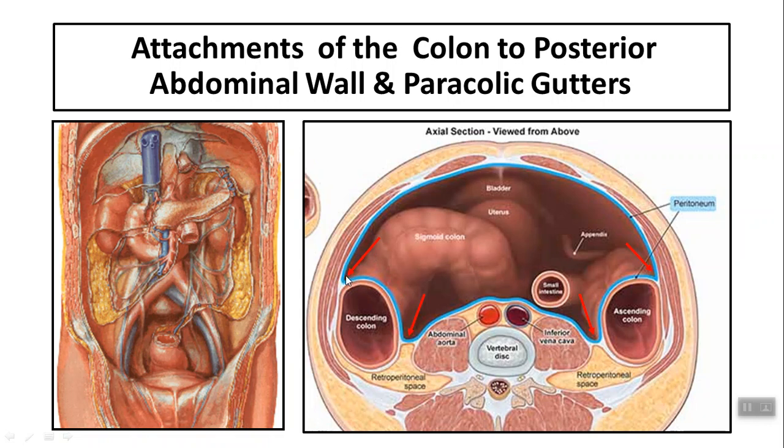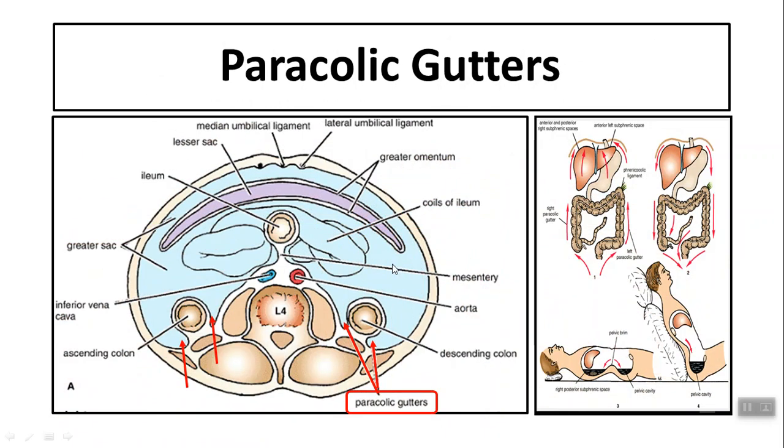On the medial and lateral side of the ascending colon, we have this angle that is called the paracolic gutters. There is a continuity with the subphrenic spaces, and there is a chance for the movement of infected fluid from the subphrenic spaces to the paracolic gutters.